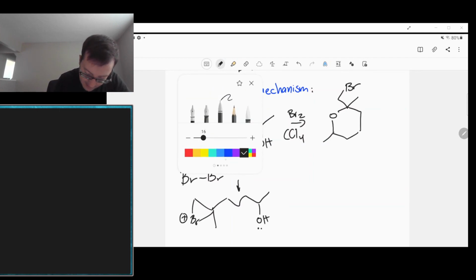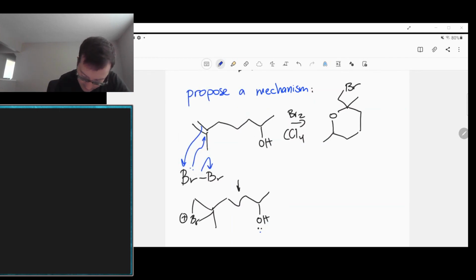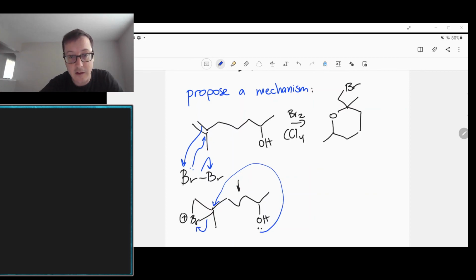We can in fact have this hydroxy group bonk this thing open. Remember, it would attack the more substituted side. And this is enough carbons away that it can do it. If you're only like 1 or 2 carbons away, yeah, not going to happen. But there are quite a few carbons away.